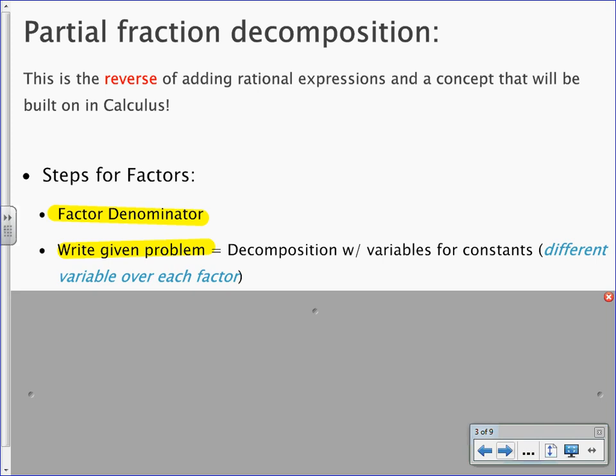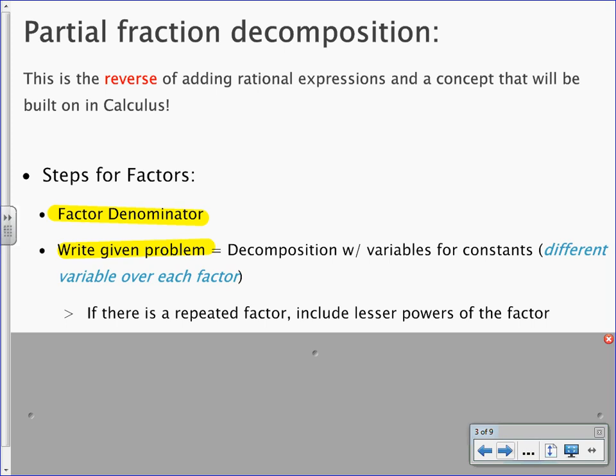Okay, now there are a couple stipulations. If we have repeated factors, then we have to include all the powers of that repeated factor. Okay, and I'll show you what that means when we get to an example.